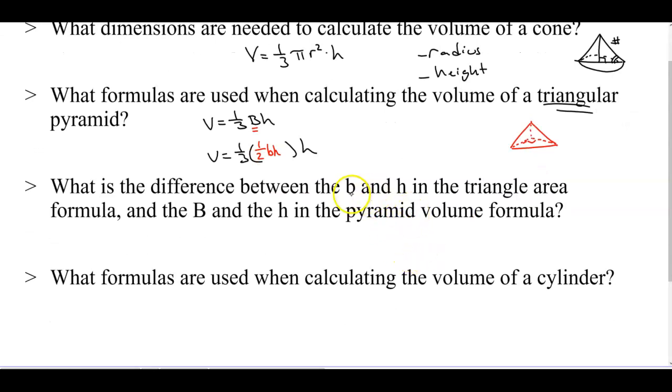What's the difference between capital B and H in the triangle area and the B and the H in the pyramid formula? So that's what we just talked about. More specifically, the lowercase h and b, those are for the base only, and the capital B is the area of the base, and then the H in the formula is the height of the pyramid.